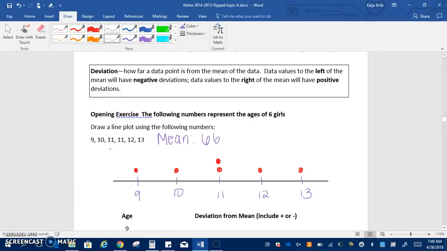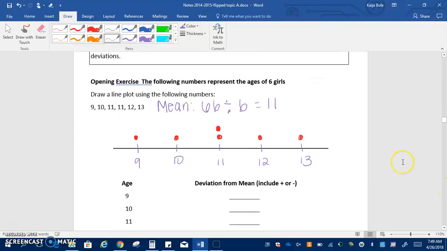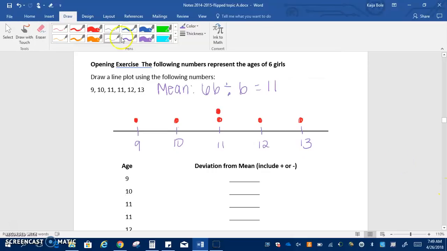So our mean is 66 divided by how many numbers we have. So 1, 2, 3, 4, 5, 6 numbers. So our actual mean is 11. So I'm going to go ahead and put a little star underneath this 11 here. Okay, that's our mean.